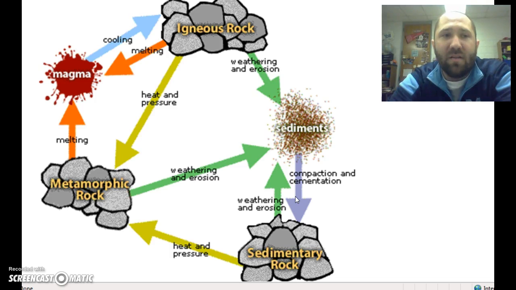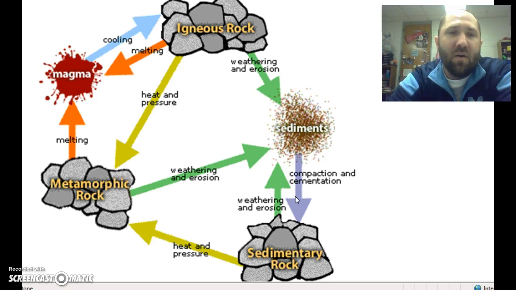Magma cooling underneath Earth's surface forms intrusive igneous rocks, and those are going to be the rocks that we see with a very large crystalline structure because of the fact that they are cooling at a much slower rate than the rocks that form on top of Earth's surface by lava cooling, and we call those extrusive igneous rocks, and those have a very small crystalline structure because they are losing their heat source by being exposed to the elements on top of Earth's surface.